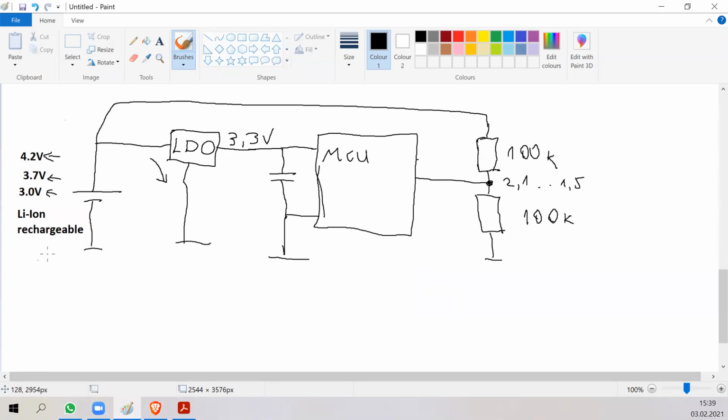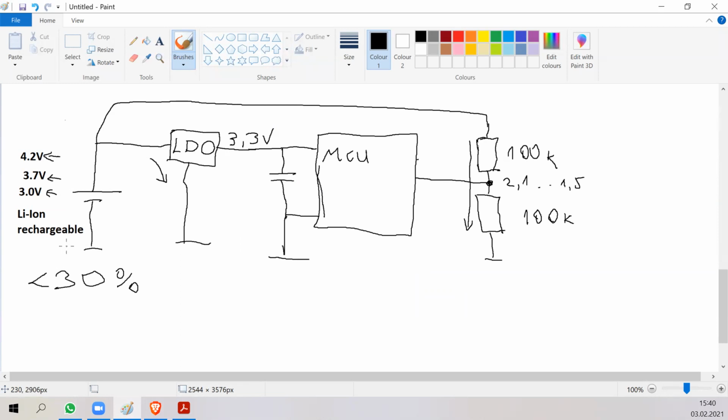The law says that if you want to ship the battery, it needs to be under 30% full. So it's almost empty when you receive it, and then these small parasitic currents through the resistor dividers empty it further.